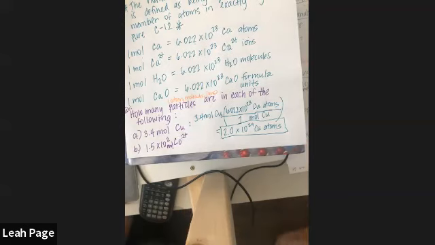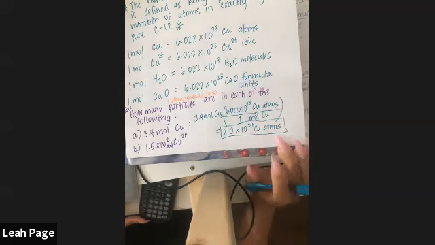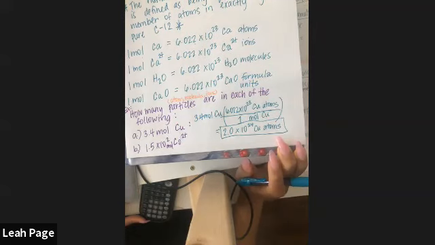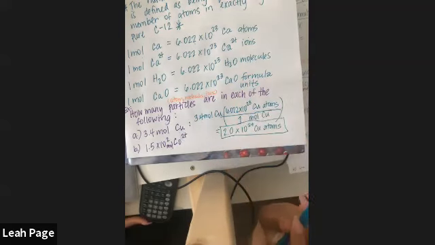All right, so let's do the next one. Suppose CaO formula unit. After solving the problem, we don't need to write a CaO formula unit? Yeah, but we started off with just copper. We didn't start off with formula units.